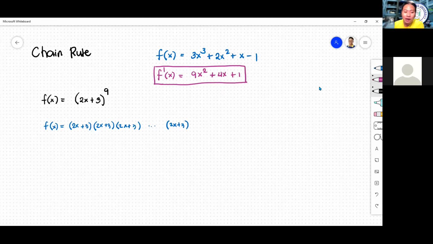So the outermost part of the function is the exponent 9. When starting the chain rule, you have to bring down 9. Basically, we are still following the power rule. So I'm going to bring down 9, copy everything inside the parentheses, 2x plus 3, and do 9 minus 1.